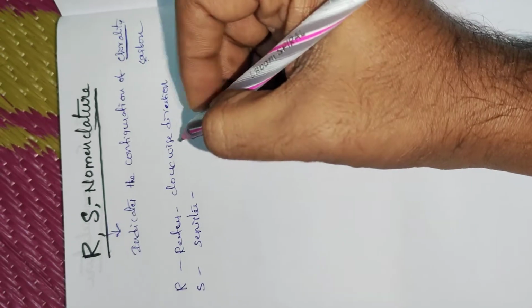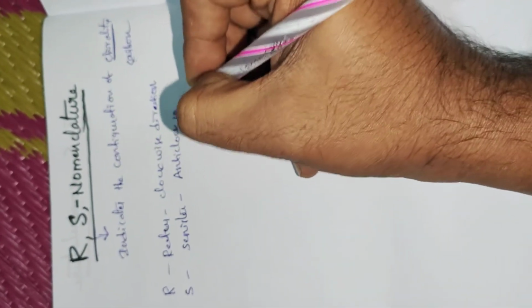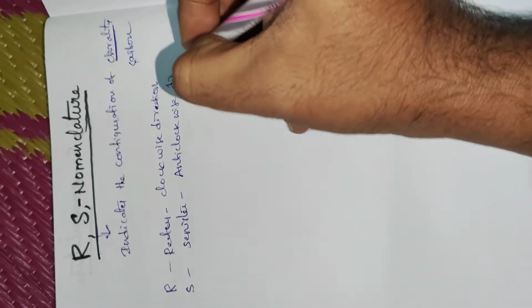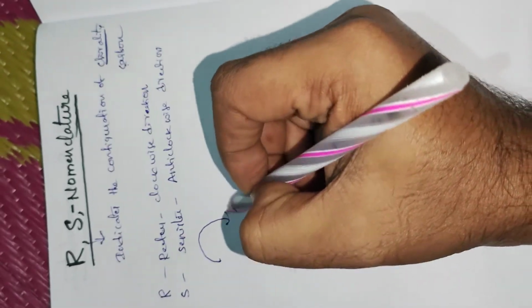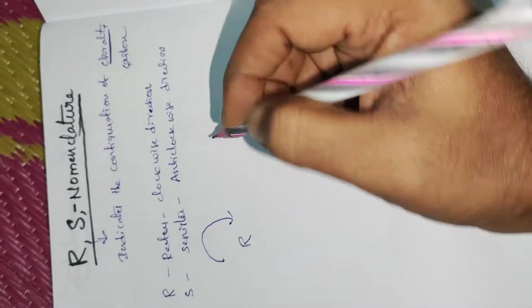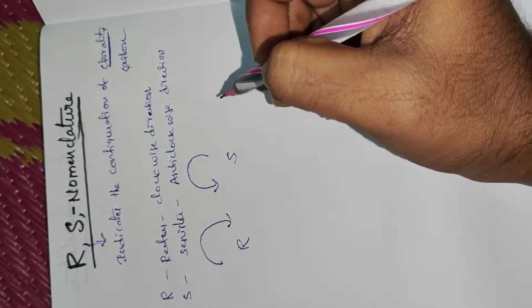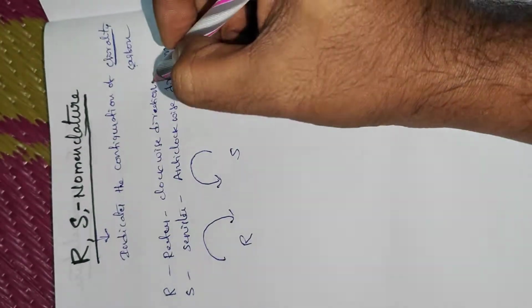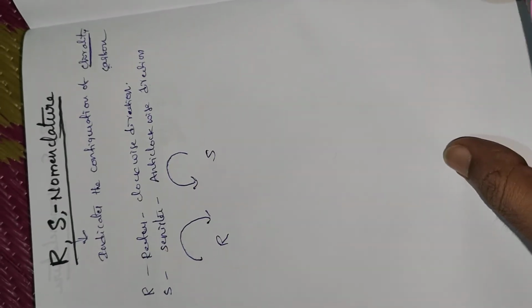Sinister means anti-clockwise direction. Clockwise like this is R configuration. Anti-clockwise is S configuration.